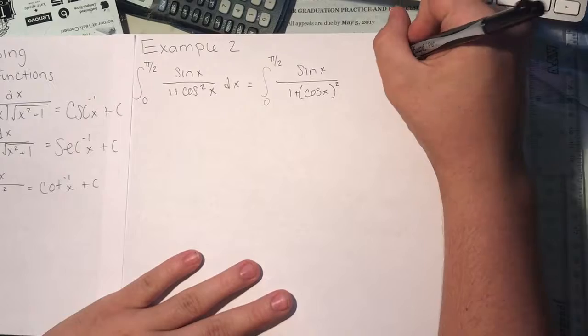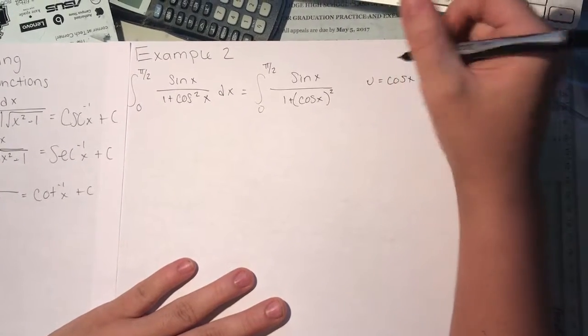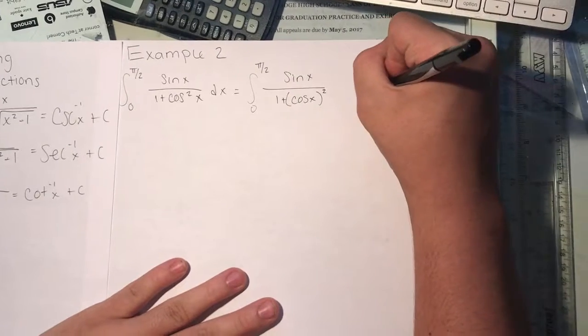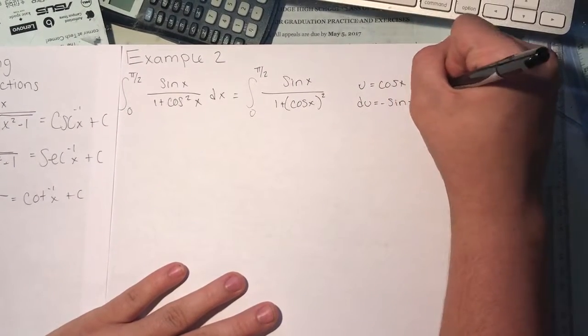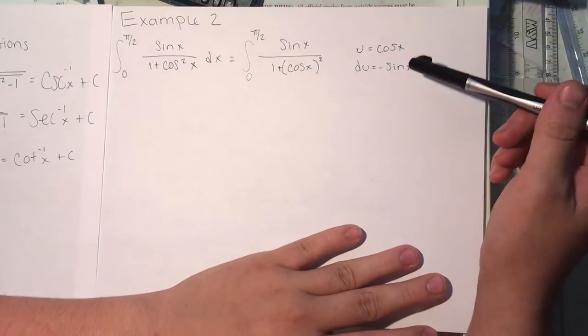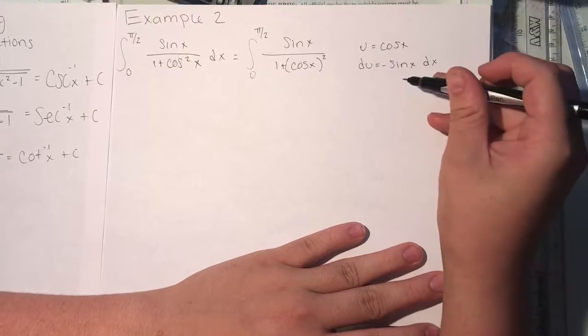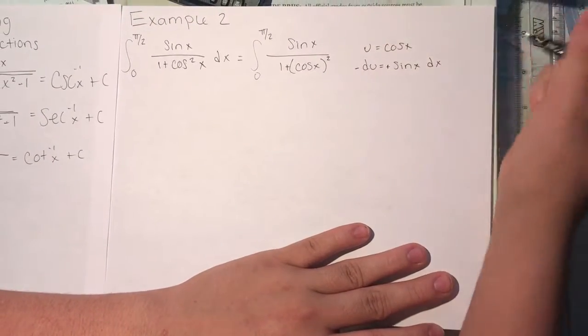So our u is cosine x, and then our du is negative sine x dx. But we don't want the sine to be negative, so we'll just make the other side negative, and that'll make this sine positive.